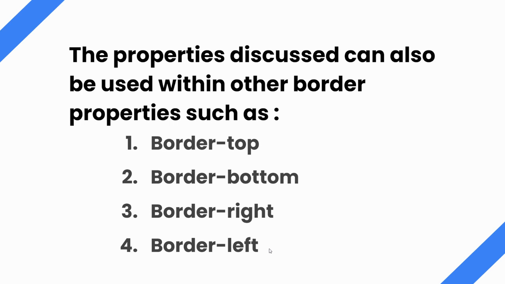Just the same way you would also have border top style, border bottom style, border left style, border right style, and then you would have the border top width, the border bottom width, the border right width, and the border left width. So that actually gives you a total of 12 properties when you multiply these properties here with the ones we've already discussed. So that's like a full blend of how they actually appear.